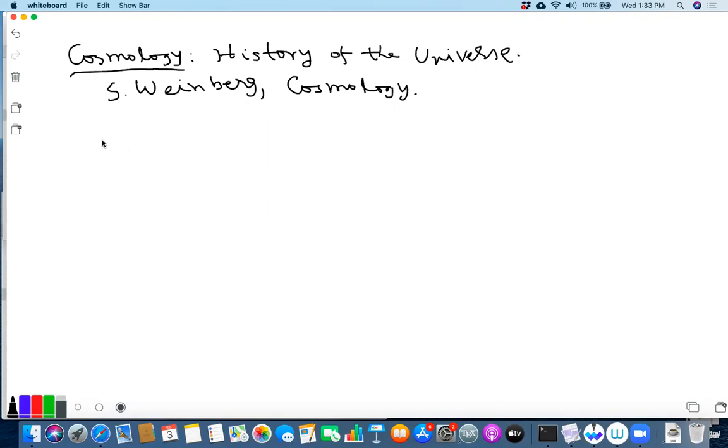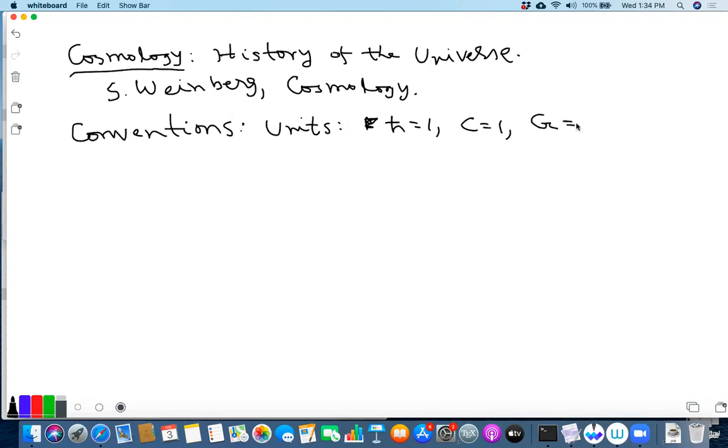So before I actually begin the course, I'll first set some conventions. First of all, I'll use units in which I set h bar equal to 1, c equal to 1, and then Newton's constant G equal to 1, but this is not always.